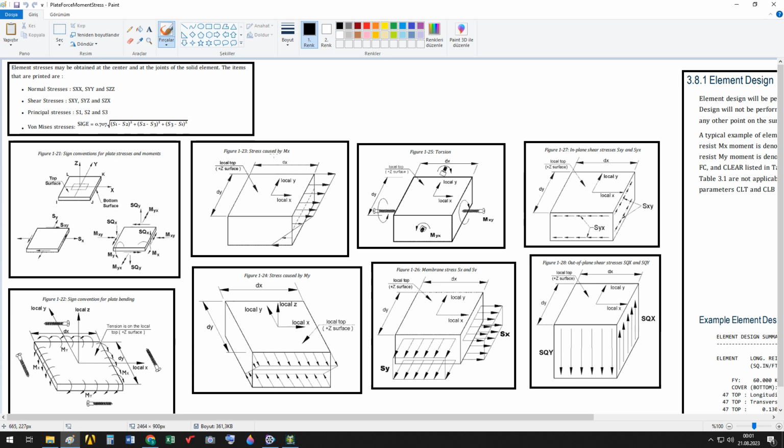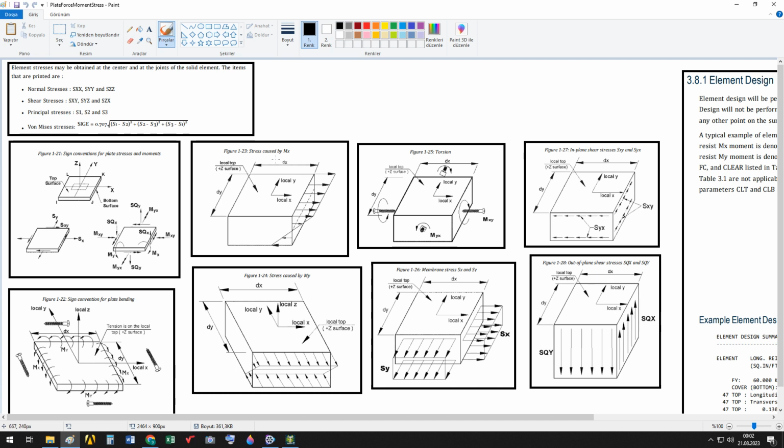Now the stress caused by MX. This is the stress caused by MX. As you see, it is like the bending moment developed in a beam, and these are the bending moment normal stresses. And this is the stress caused by MY.